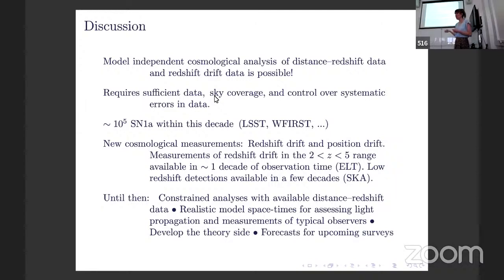We are interested in formulating model-independent frameworks for more types of observables, and also to optimize the frameworks in order to make them suitable for directly applying them to blind analysis of cosmological data. So, yeah.